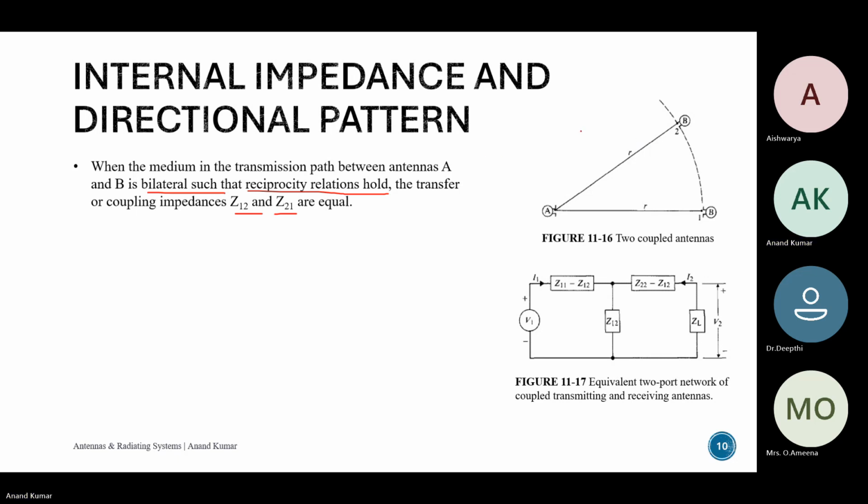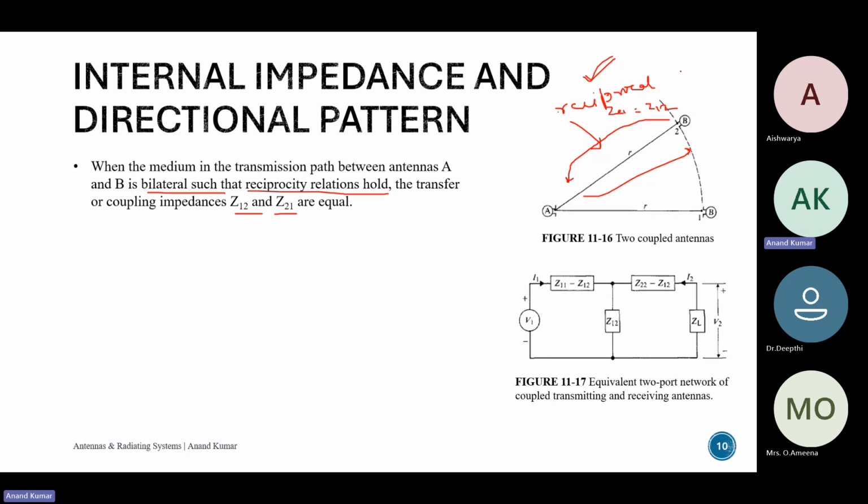So this medium has to be reciprocal. In that case, we have Z21 equals Z12. So the amount of mutual coupling which happens on A due to B and on B due to A will be the same as long as the medium is reciprocal or bilateral.